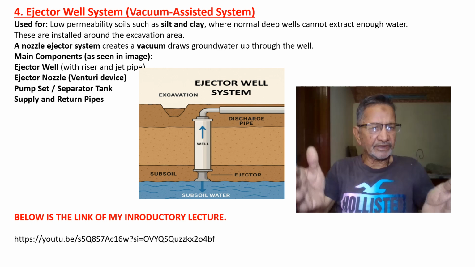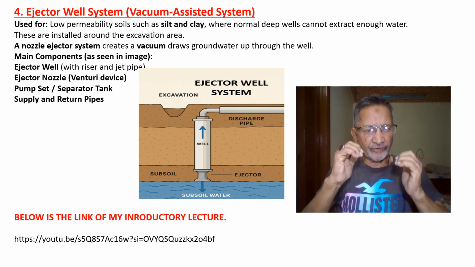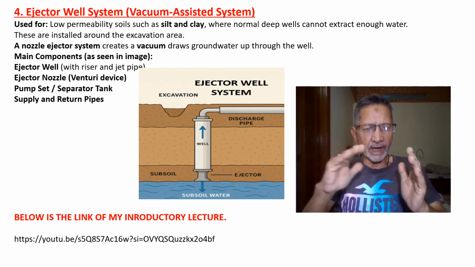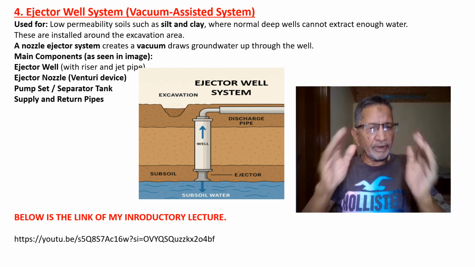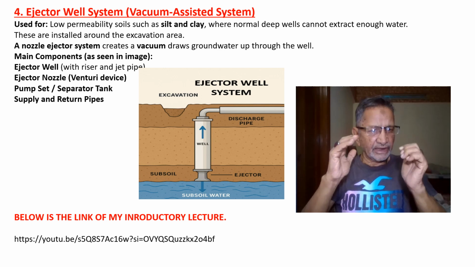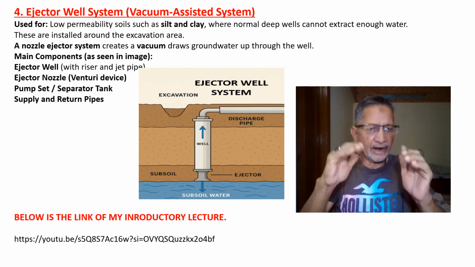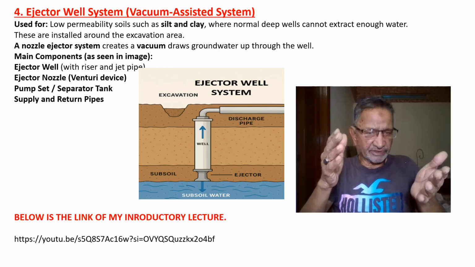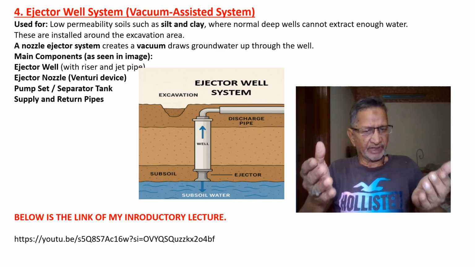A nozzle ejector system creates a vacuum which draws the groundwater up through the wells. Main components of this system are the ejector valve, ejector nozzle, pump set or separator tank, and supply and return pipes. All these things are used, and you can see in the picture it is very clear.